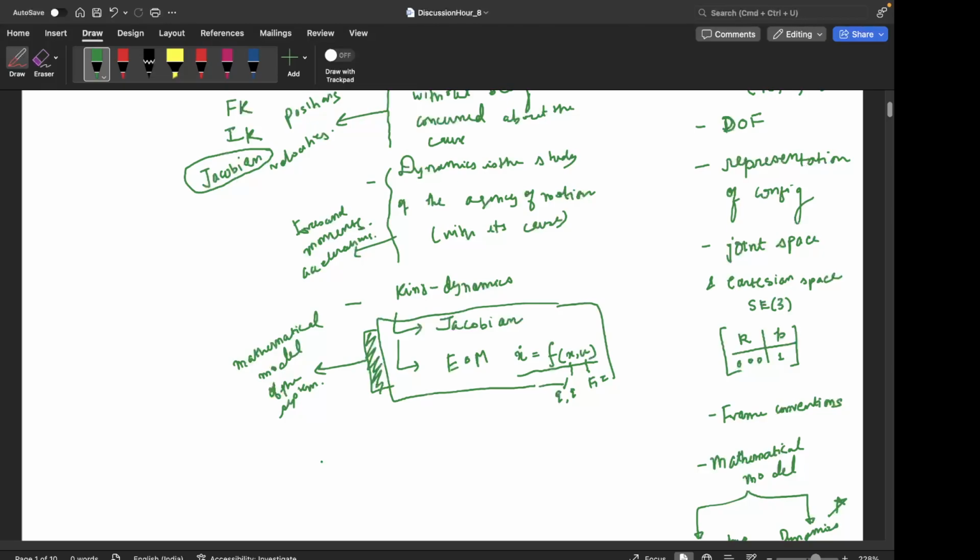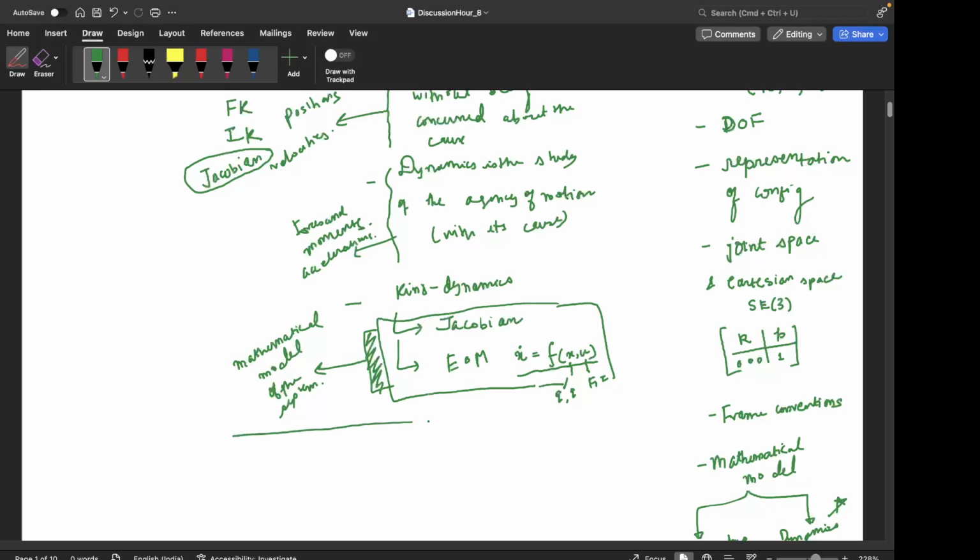Basically you can start going towards application, and for application you would need the robot to move reliably from one point to another following a certain trajectory. And at this point, the concepts of motion planning and control come into the picture, right?